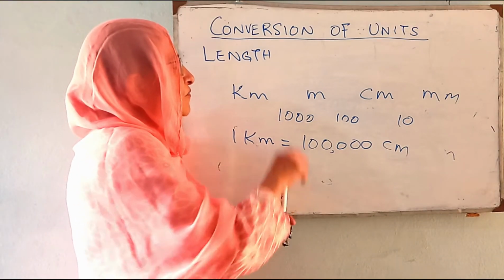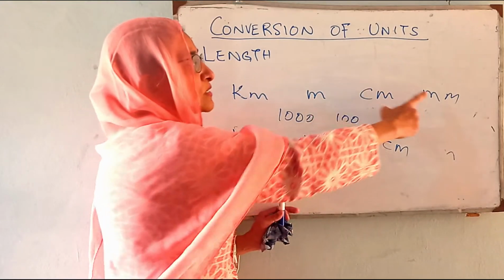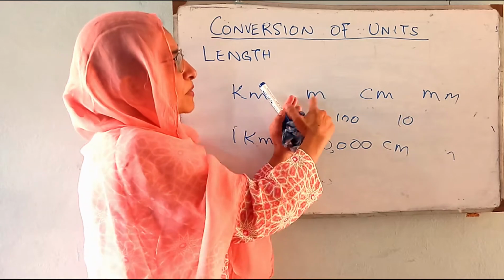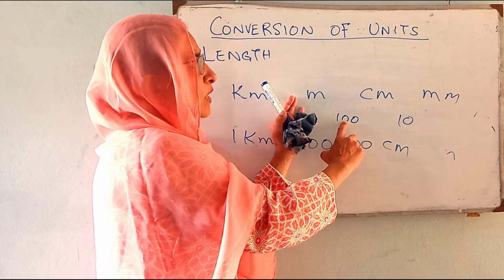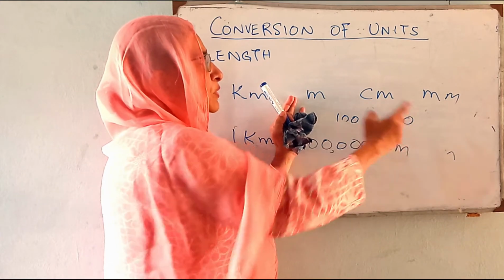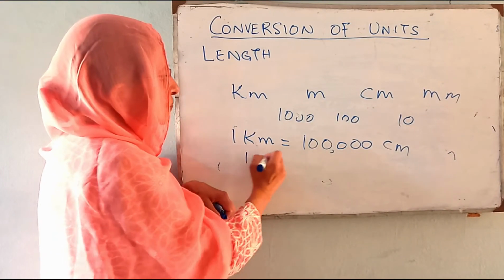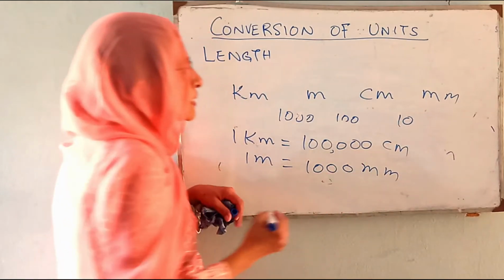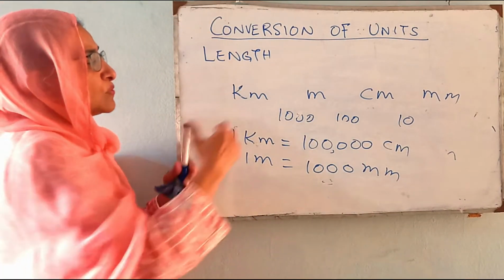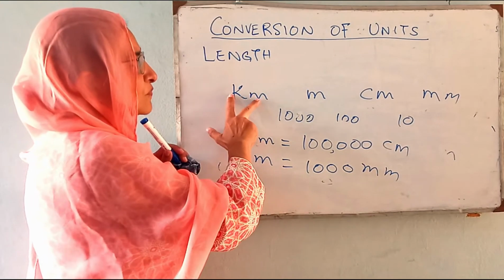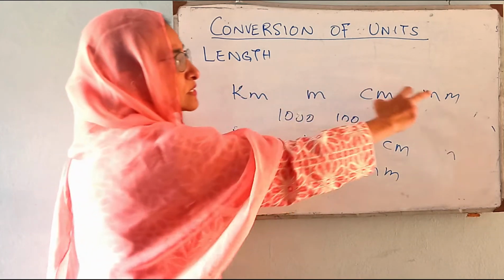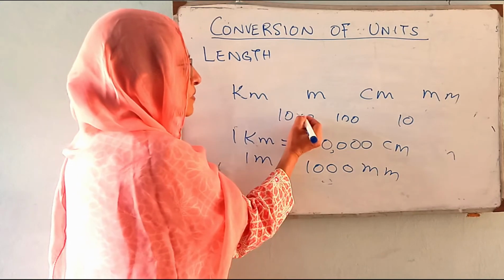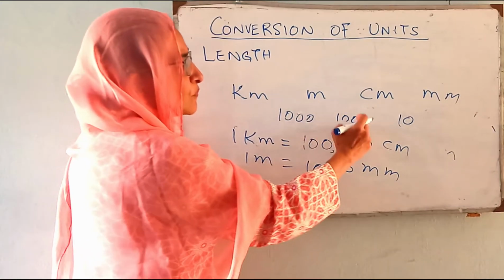And if I want to know how many millimeters are in 1 meter, starting from the meters I count how many zeros there are, 1, 2, 3. So 1 meter is equal to 1000 millimeters. It is very easy. For example, if you have to convert kilometers into millimeters, you count how many zeros there are here, 1, 2, 3, 4, 5, 6.